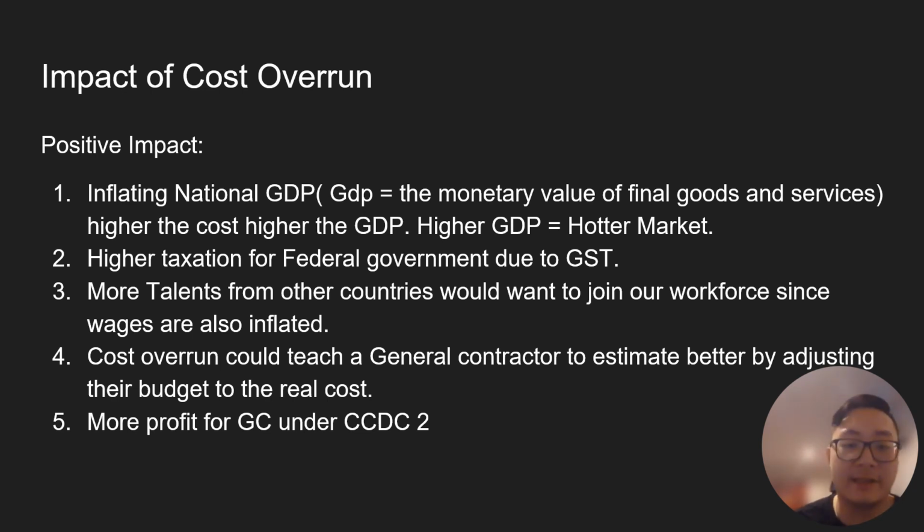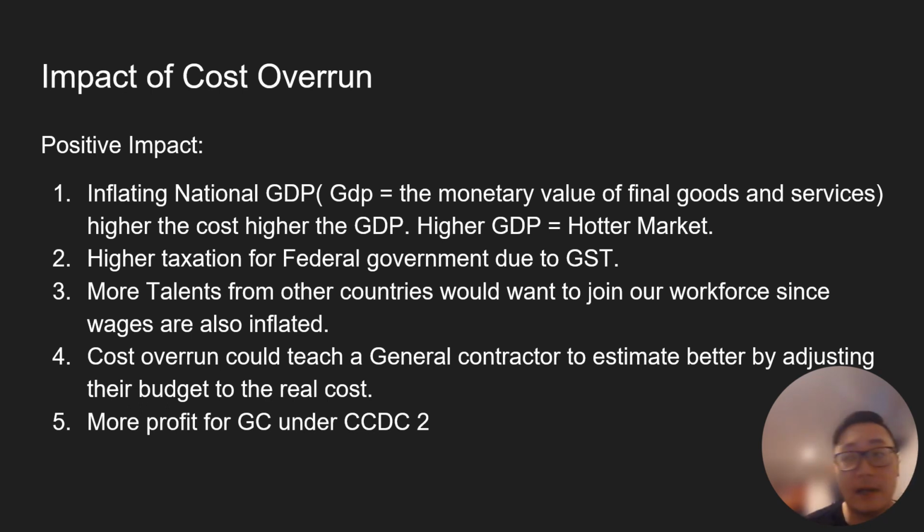I actually have a GC company myself, and that's really true. If you evaluate how much is spent on a job at the end of the project, you learn a lot. You will be like, oh, next time when I estimate this item, I will put more budget in there since my budget was overrun this time.